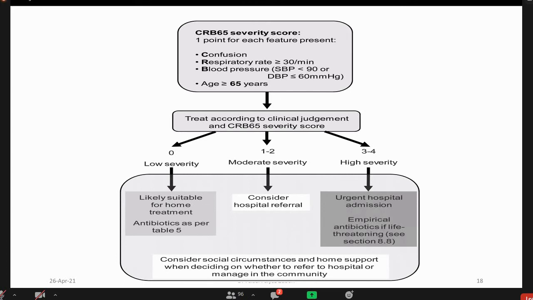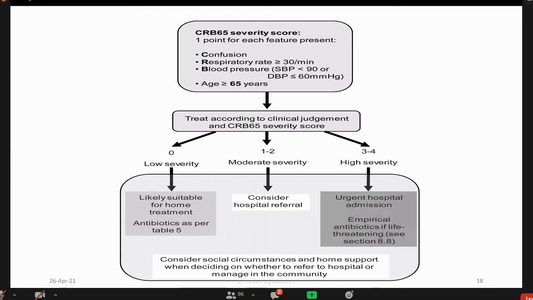It helps in deciding where to admit and at which level of care the patient may require. Also, the choice of antibiotics is influenced by the CURB65 or CRB65 score.